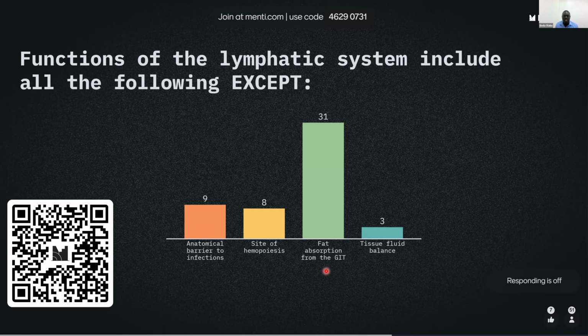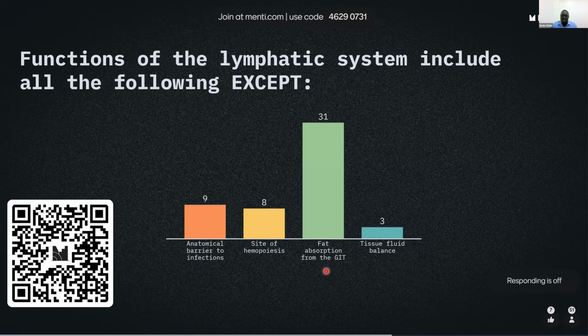Therefore, fat is diverted away from the liver and goes to the bloodstream. So when it enters the venous circulation, it will go to the heart. Then the heart will pump it to all parts of the body, of course, including the liver. But in so doing, we'll have reduced the concentration of fat that is loaded to the liver at once.